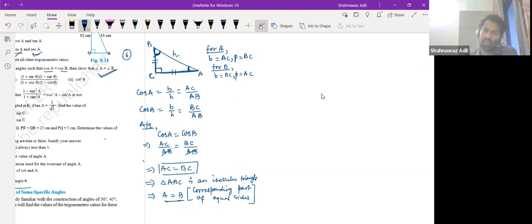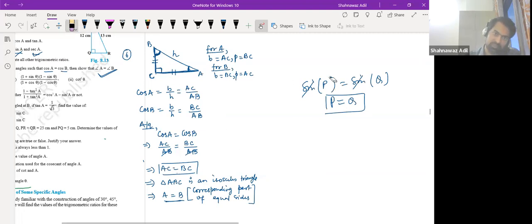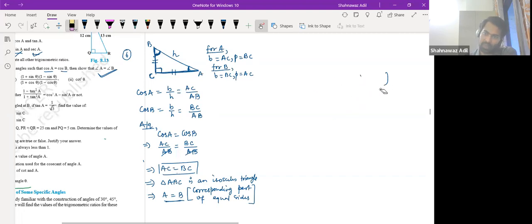If you have sine of p and sine of q, then you can obviously cancel them and write p equal to q. But they want us to show geometrically why that is so, using the trigonometric ratios.